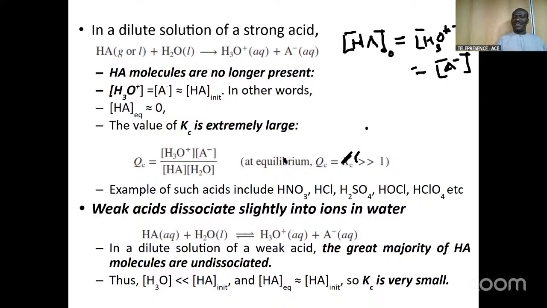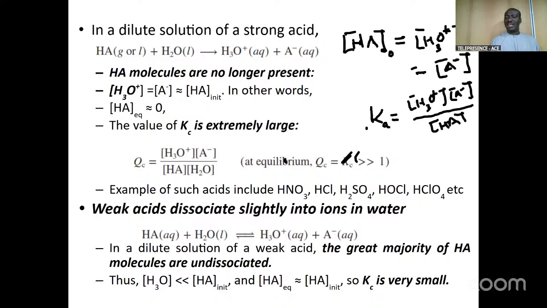If you write the equilibrium constant for the weak acid, let's call that Ka, that will equal H3O plus times A minus over HA.